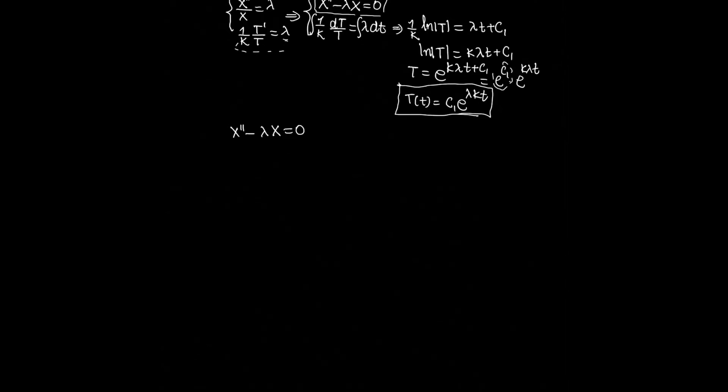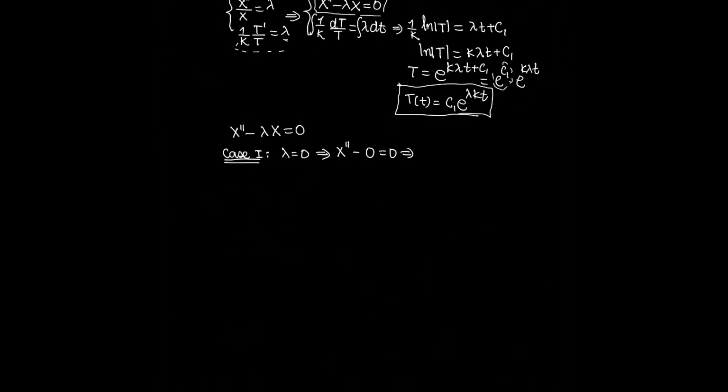But I'm actually just going to recap. First I'm going to go for case 1. For second order, you have to consider 3 cases. The first case: I'm going to consider if lambda is 0. If lambda is 0, I have the second derivative minus 0 equal to 0.